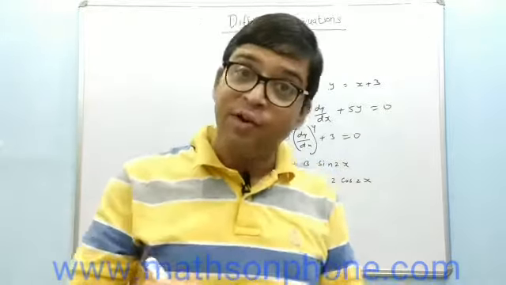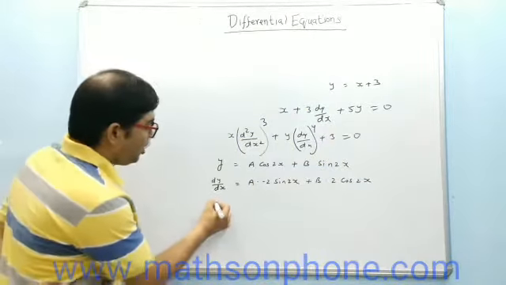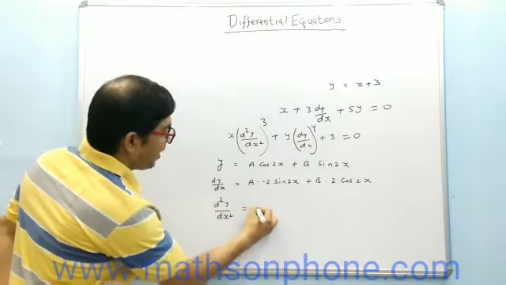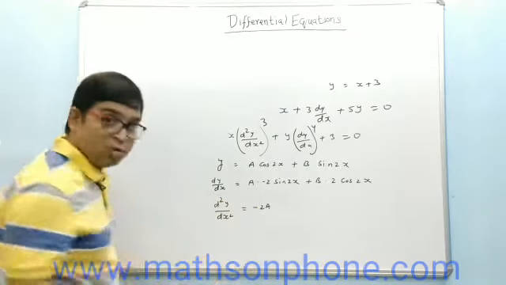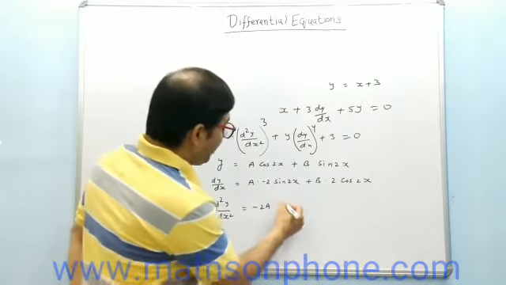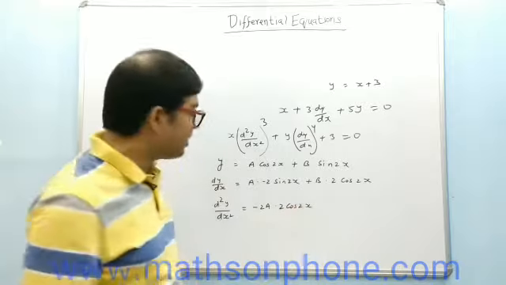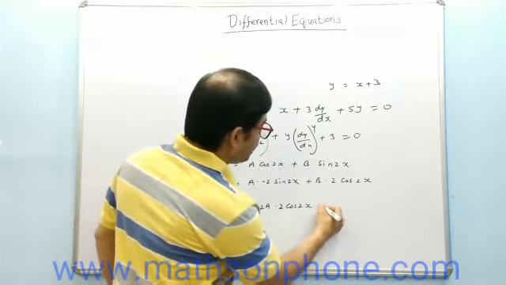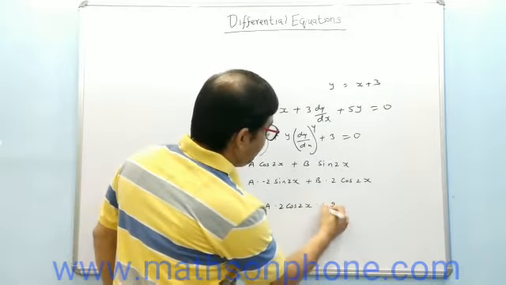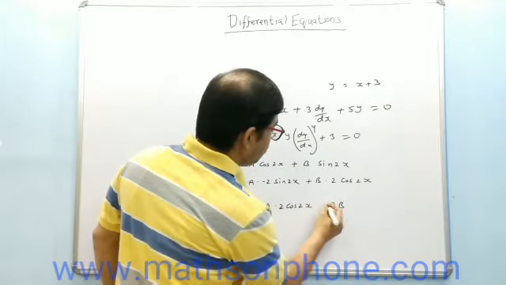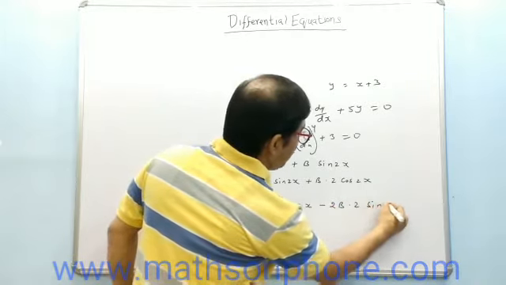We will again differentiate this. On differentiating a second time, we get minus 2a, taking the constant outside, sin 2x gives 2 cos 2x, and here you see 2b cos 2x gives minus 2 sin 2x.